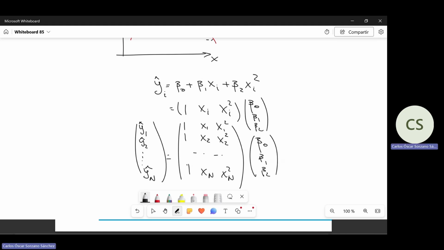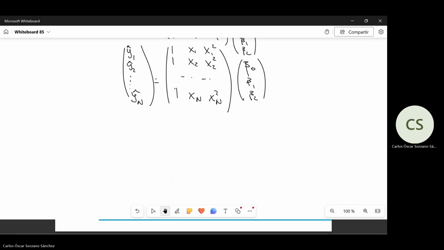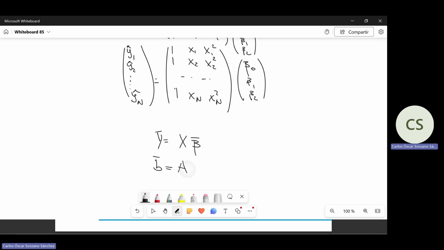So you can put this as a vector y, that is some matrix X times a vector beta. But in general, this also has the form b equals Ax.